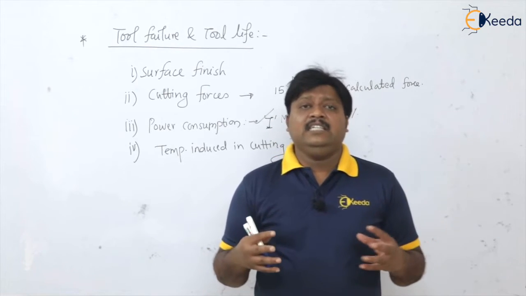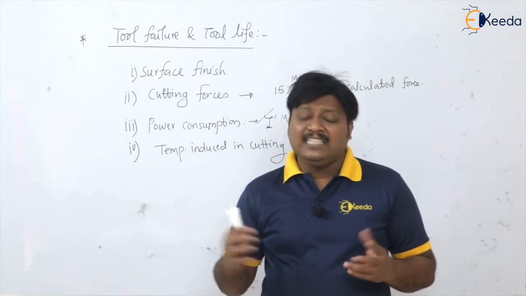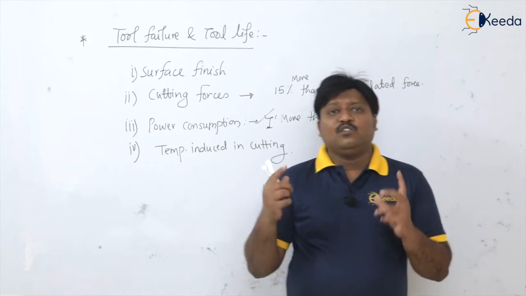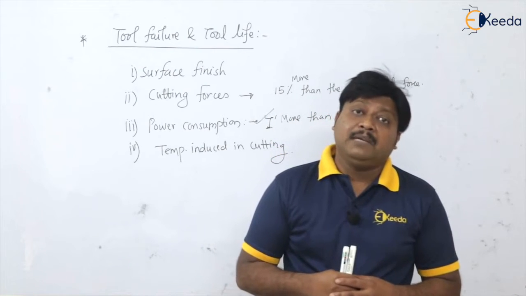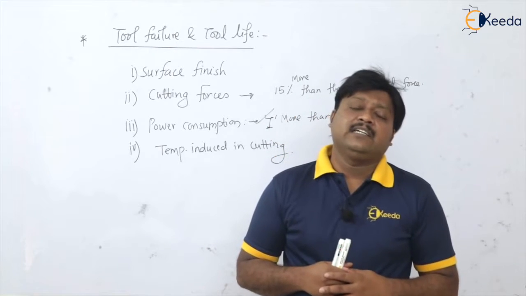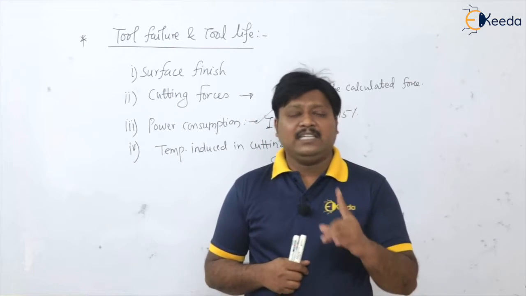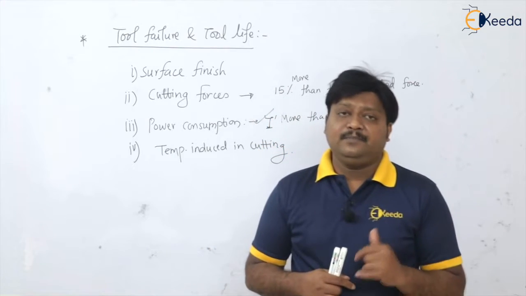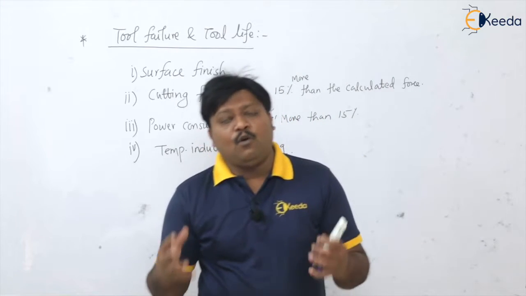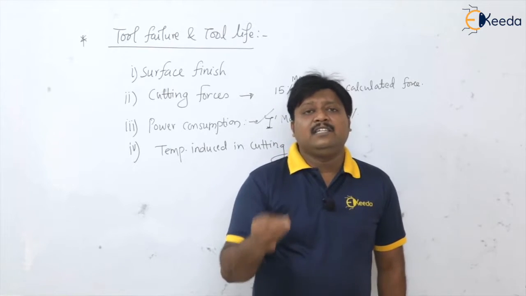But whenever there is a temperature rise, the chip is going to be blackish in color. And sometimes you can also observe some fumes or gases coming out from the metal cutting zone. At that time, you can definitely say that the temperature in the metal cutting zone has increased, and you can decide that the given tool has failed. So in this way, by having these online measuring parameters, you are able to decide whether the given tool is failed or not.